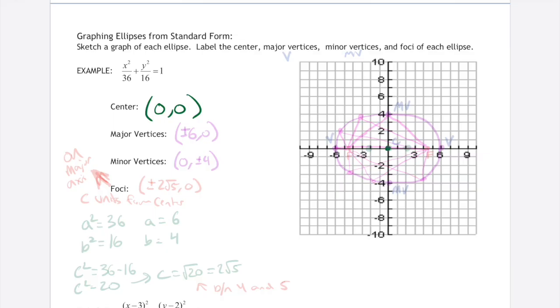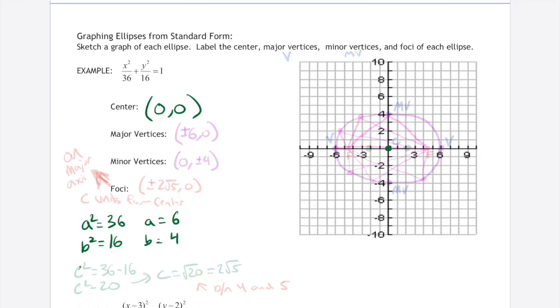Let's start off easy. Okay, so then what I always like to do is write kind of a summary here. a squared is the bigger one, the bigger number on the bottom. So a squared is 36, which means a equals 6. b squared is 16, which means b is 4.